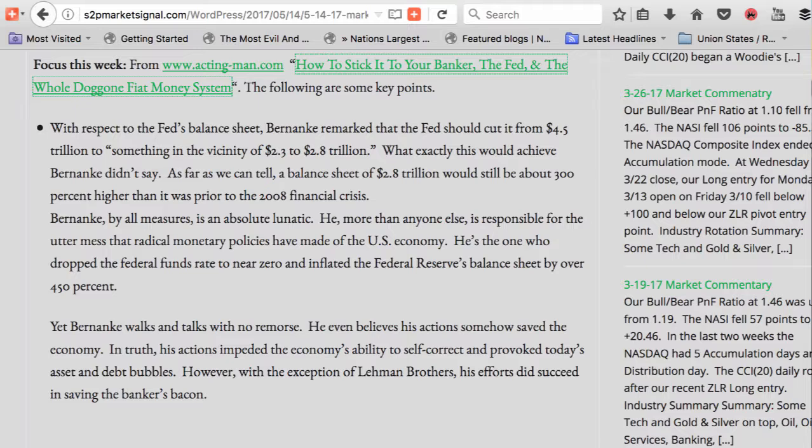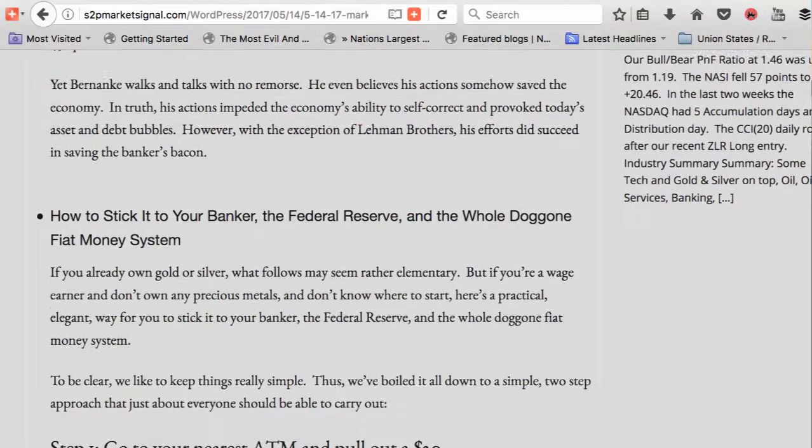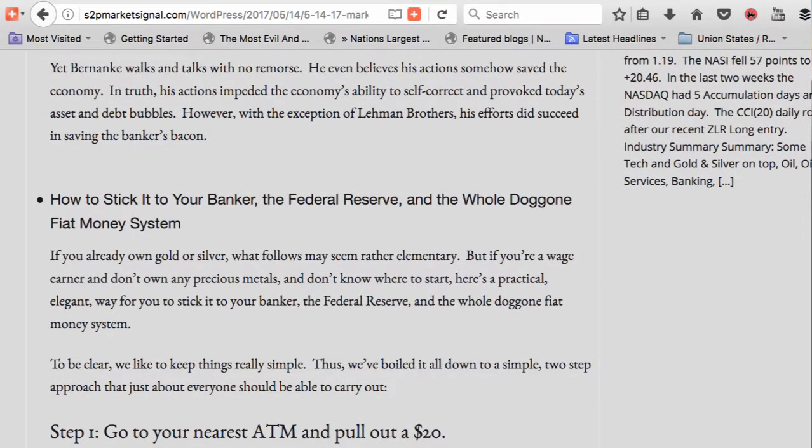He's the one who dropped the federal funds rate to near zero and inflated the Federal Reserve's balance sheet by over 450%. Yet Bernanke walks and talks with no remorse. He even believes his actions somehow saved the economy. In truth, his actions impeded the economy's ability to self-correct and provoked today's asset and debt bubbles. However, with the exception of Lehman Brothers, his efforts did succeed in saving the bankers' bacon.